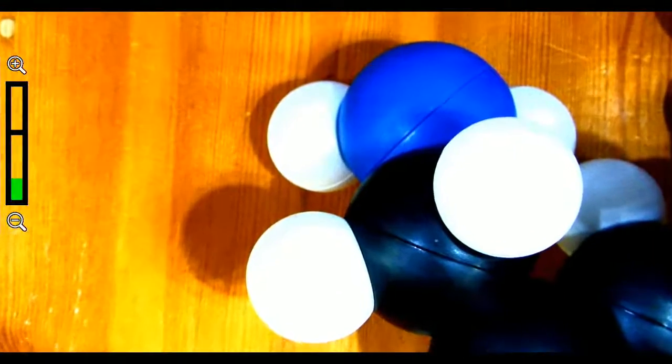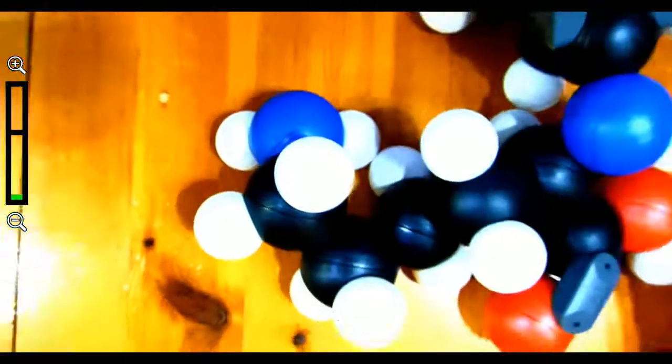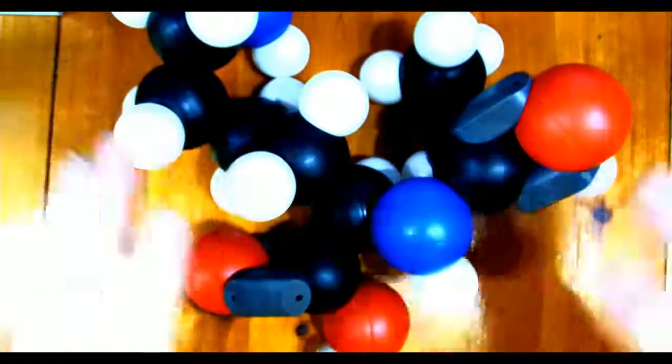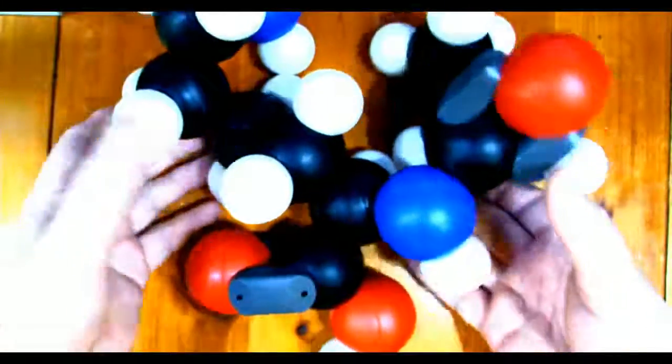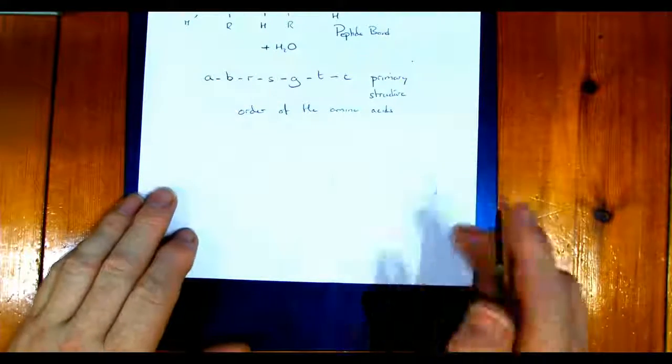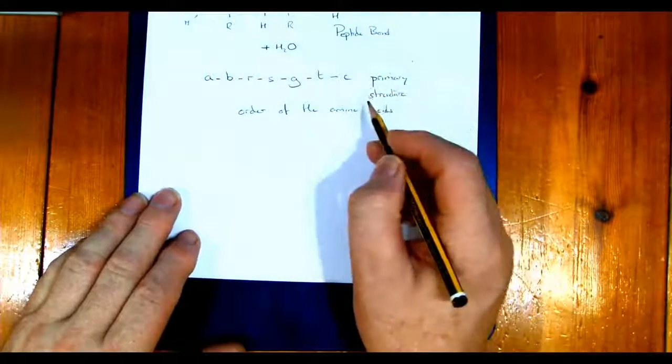If they can only fit in one pattern, then these molecules can only be arranged in one particular way. So if I move that out of the way, and we come back, we've got this primary structure.